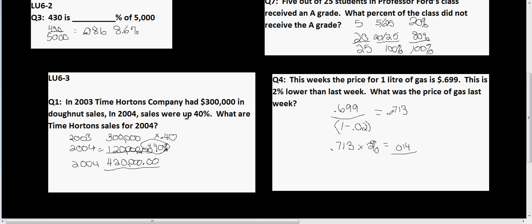Take 0.713, subtract 0.014, and lo and behold, you're going to get 0.699. This week's price, last week's price. It all worked.